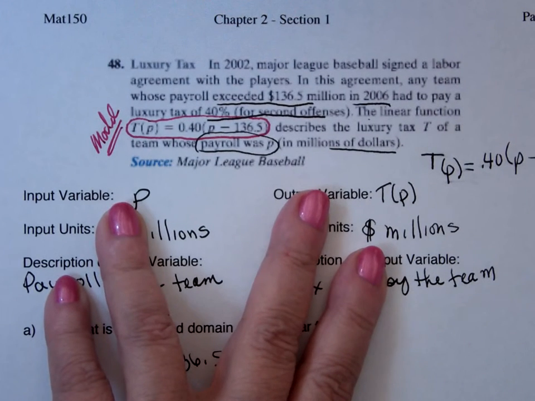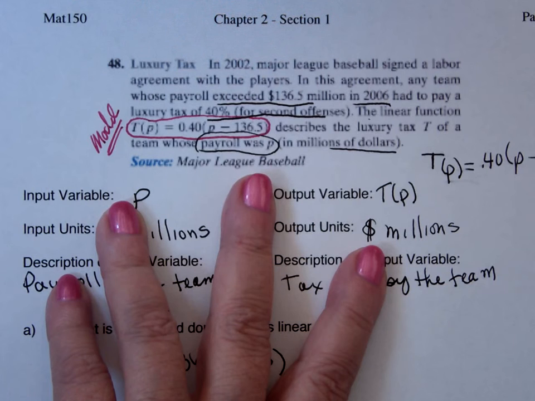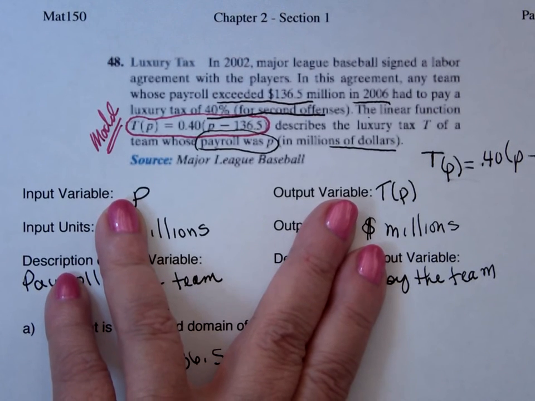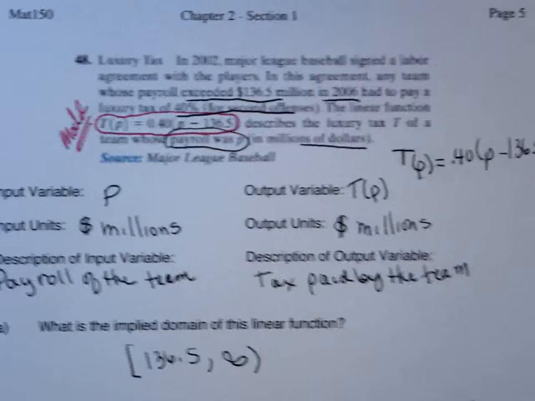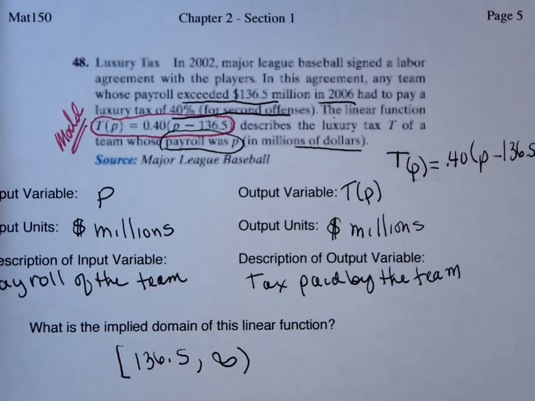They wrote it up for you. So all I need to know is what represents my input value, what represents my output value, and what are the units on each, because things that we're going to be working with ultimately will be things like average rate of change, and that has units attached to it. Our answers all have units attached to it.